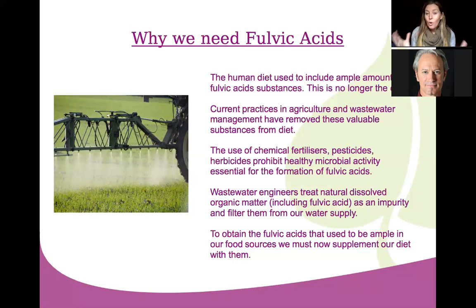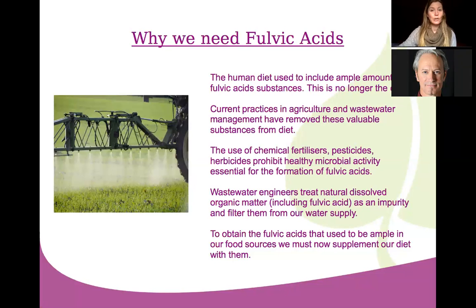In the olden days, we used to get food from healthy, natural soils, and in fact, studies have shown it takes about 900 to 1,000 years to create fulvic acid. So it's not just chucking your veggies on the compost pile and letting the bacteria work.